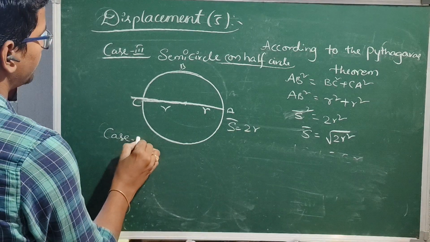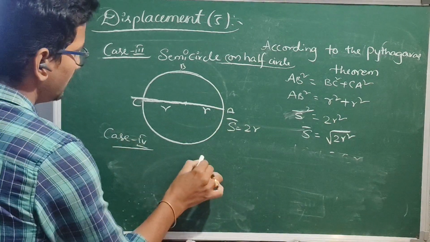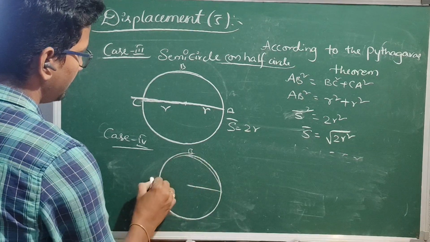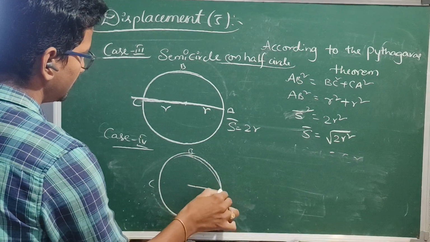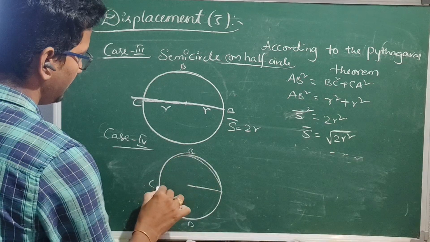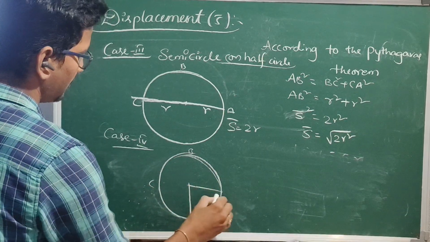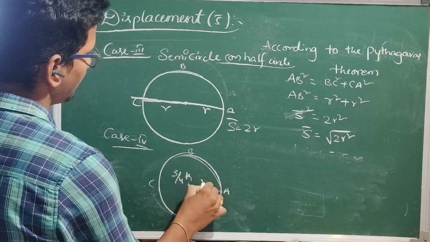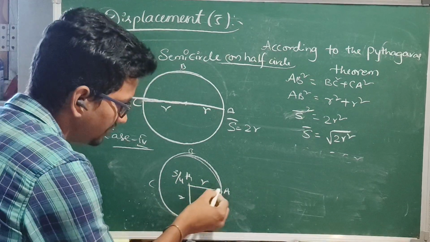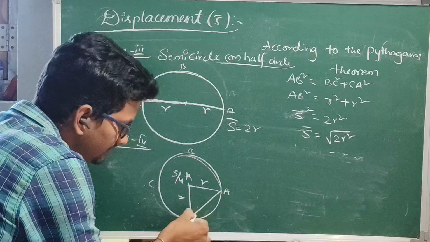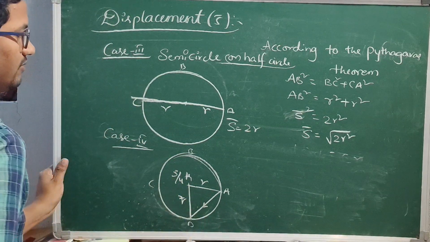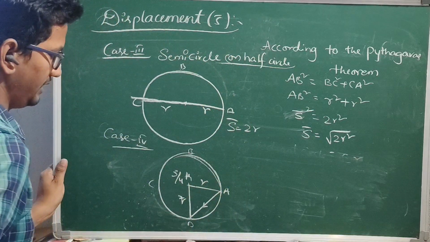Next, case 4: 3 by 4th of the circle. This is B, C, D. B is a quarter, C is a half circle, then C to D. That is called A to D, the 3 by 4 circle. All sides are radius and equal. What is the displacement? This is the initial and this is the final. The same Pythagoras theorem we can apply.